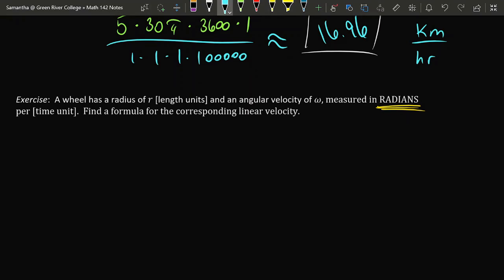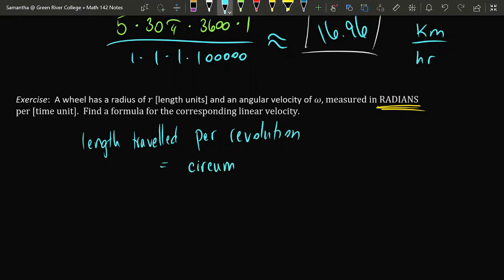So we know that the length traveled per revolution is the same thing as the circumference of the wheel, which for a wheel of radius r would be equal to 2 times pi times the radius.